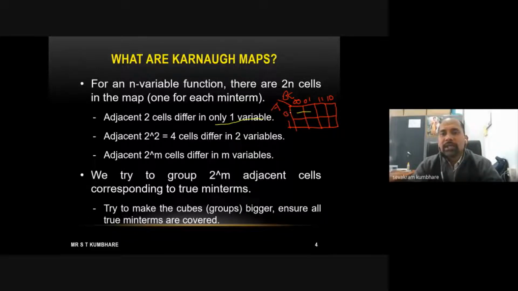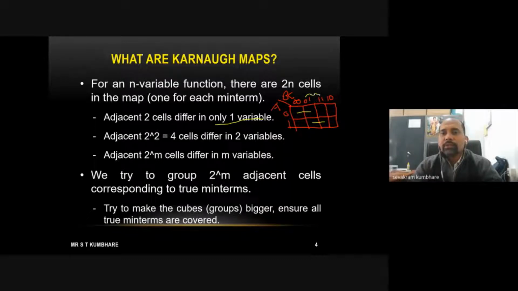Here A value is 0, so among A, B and C, only C is changing between those two cells. Suppose I consider these two, then A is 1 and it is not changing. Throughout this row A will be 1. Here B is 0 and here B is 1, with C being 1 in both, meaning only B is changing.